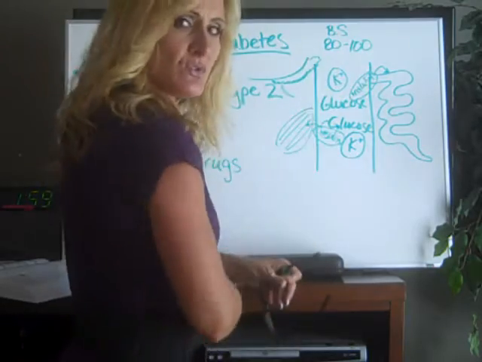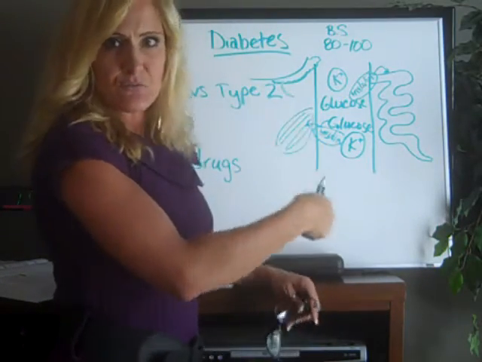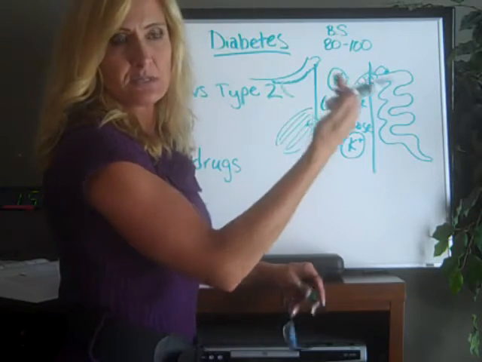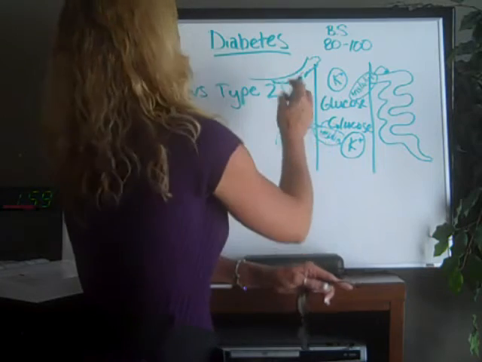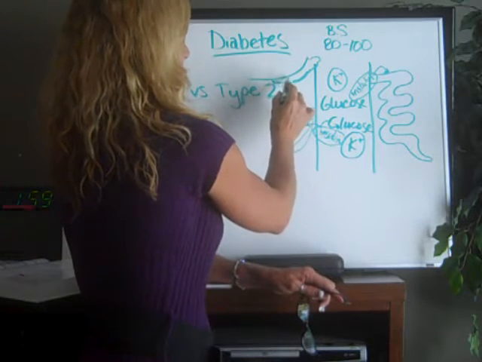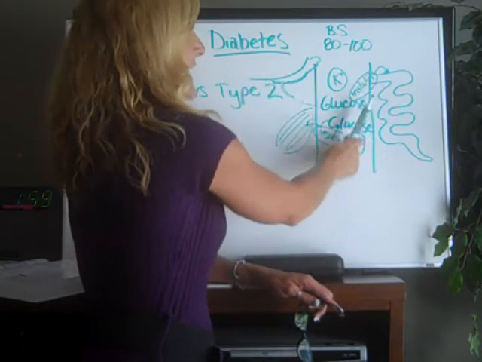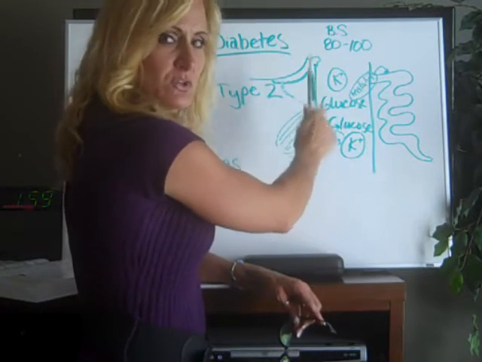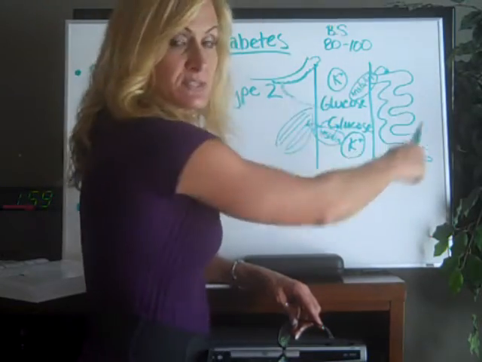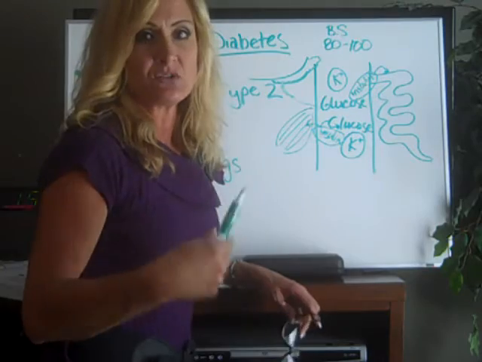And after you eat, the body recognizes that there's food in the system, and typically, sugar from most meals. And so the pancreas releases more insulin into the bloodstream, and insulin then is the transporter for glucose to get to the cells, because all the cells in the body need glucose.